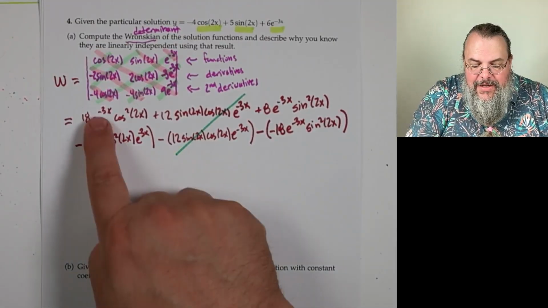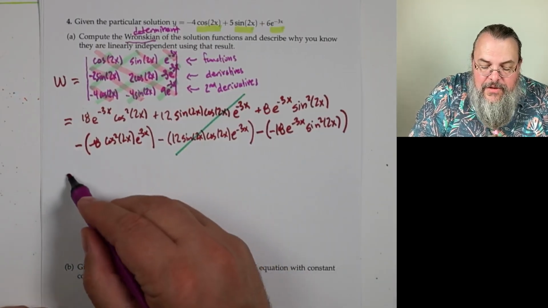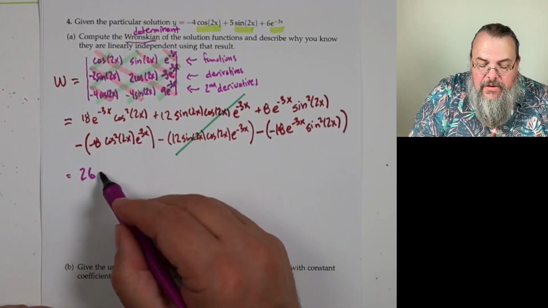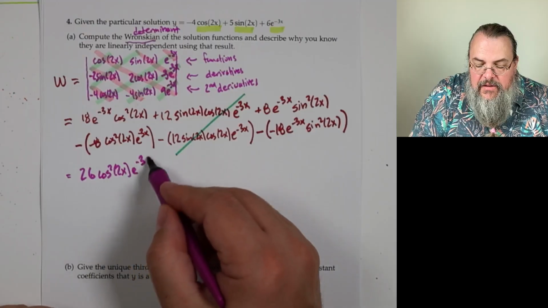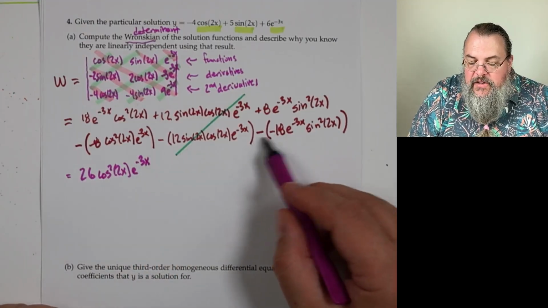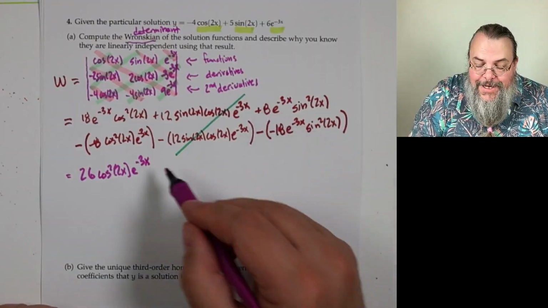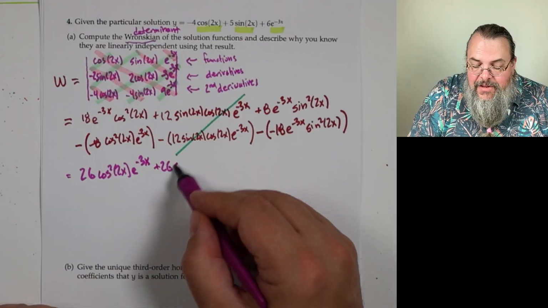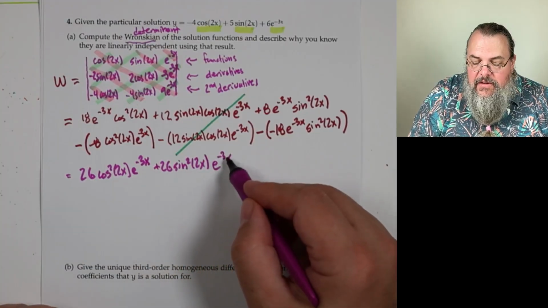Well, here, 18 plus 8. So that gives us 26 cosine squared 2x, e to the minus 3x. Over here, minus minus makes a plus. So 8 plus 18, again 26, sine squared of 2x, e to the minus 3x.